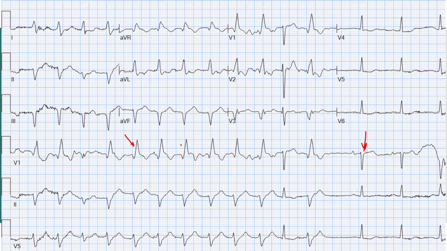The initial deflection is negative, so it's a QR pattern in V1, which is fairly unusual. It doesn't look the worst in aVL. There's a good R, and then a slow, shallow S wave, which is quite typical. So by QRS morphology, there are a couple of peculiarities, but no slam dunk, which is why QRS morphology is the weakest of the tools that we have.